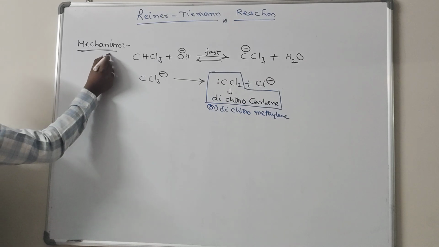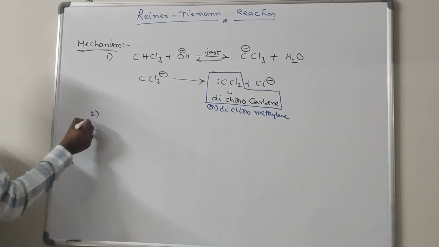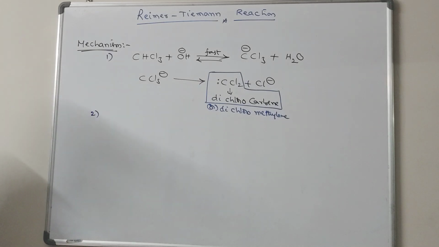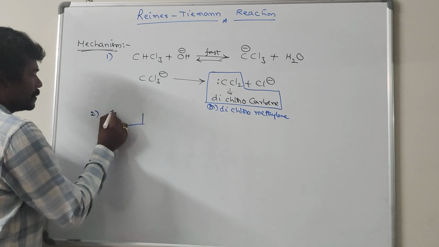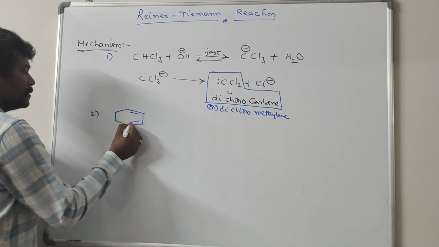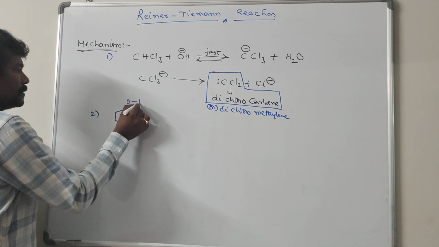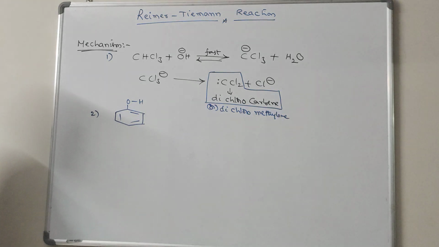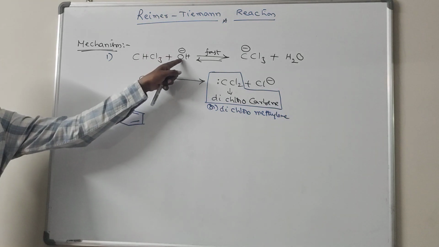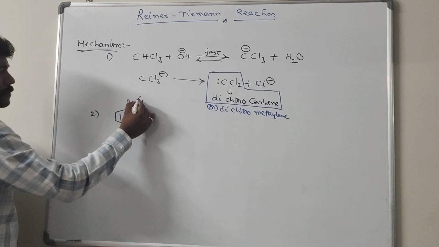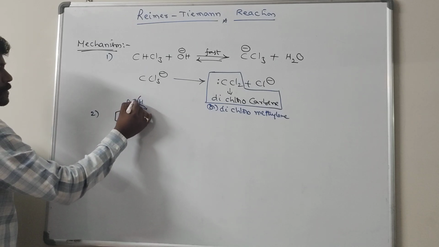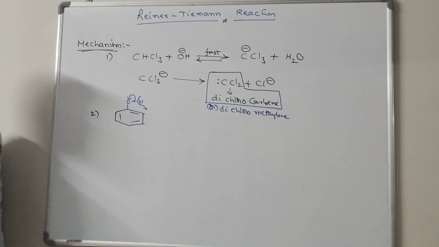This is the first step. The second step: phenol reacts with the alkaline solution, which has basic nature, and loses an H plus ion; the electrons shift onto the oxygen atom.